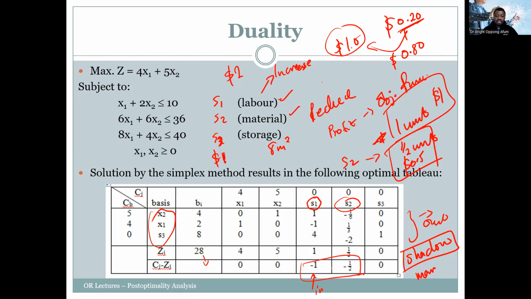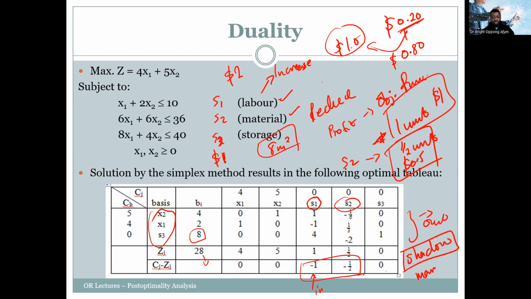It is seen that this CJ value for S3, which is 0, implies that storage space has no value on marginal basis. What it means is that storage is not a binding constraint because we have an excess of 8 meters squared, right?